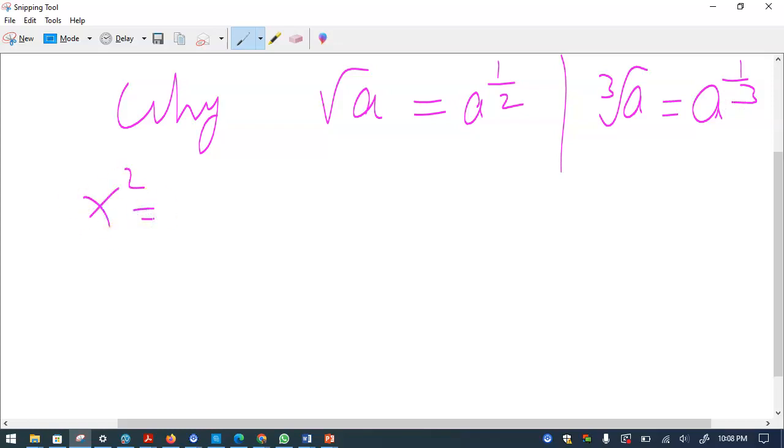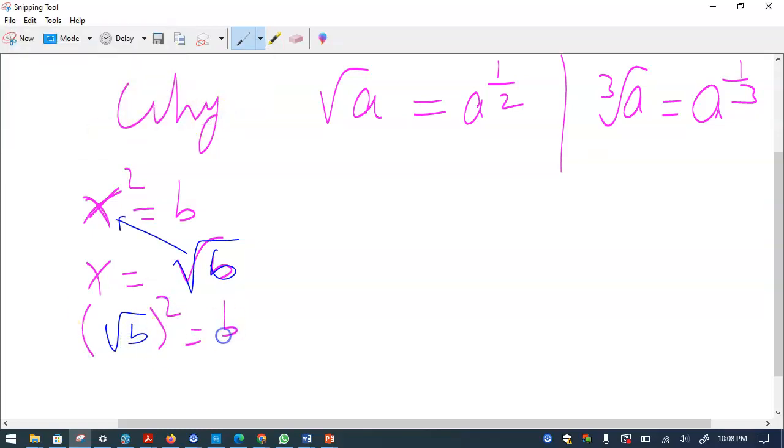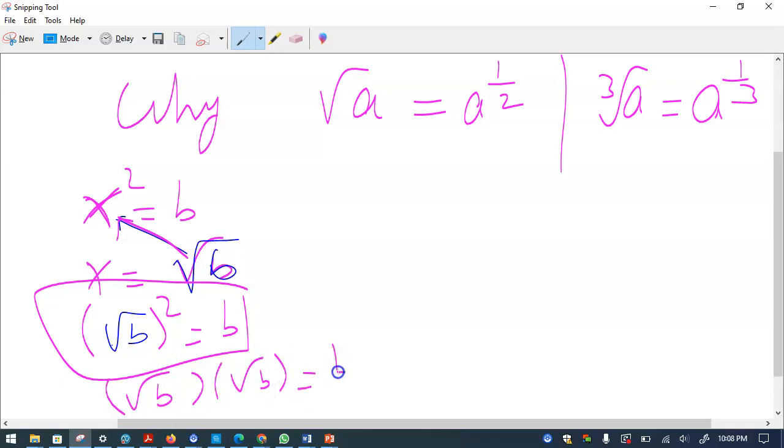If I write x squared is b, x is the square root of b. What this means is, if you replace x by the square root of b, you multiply it by itself and you get b.